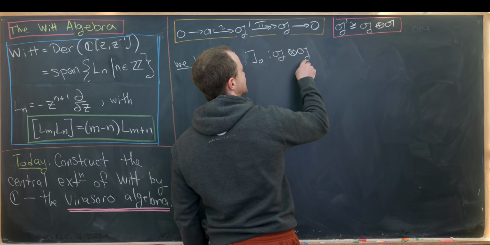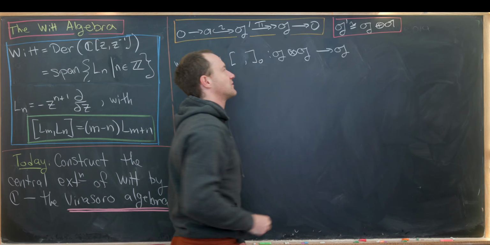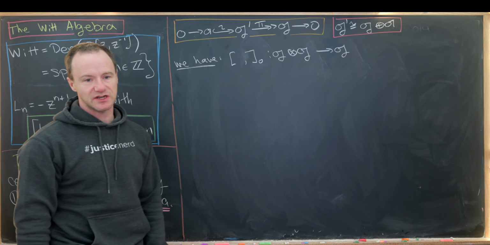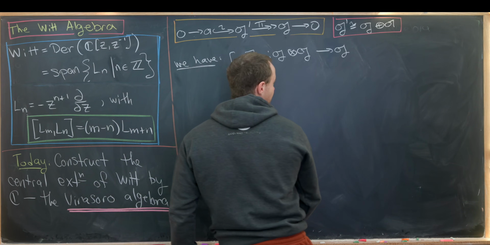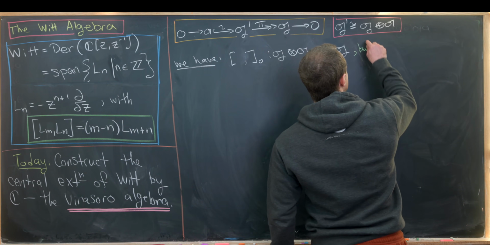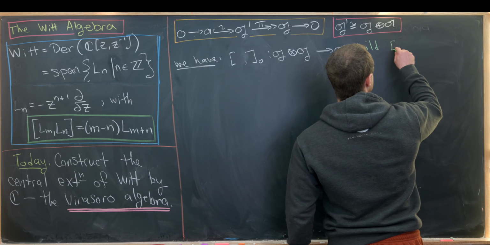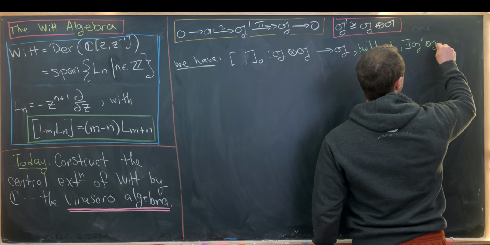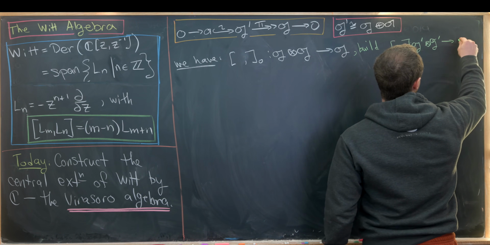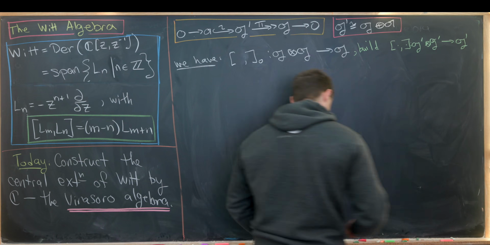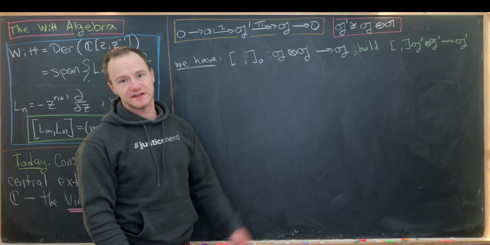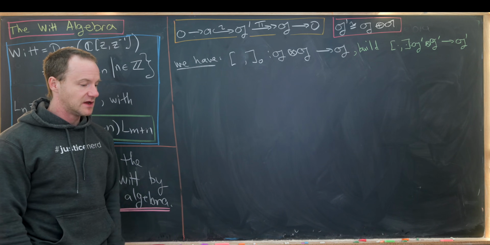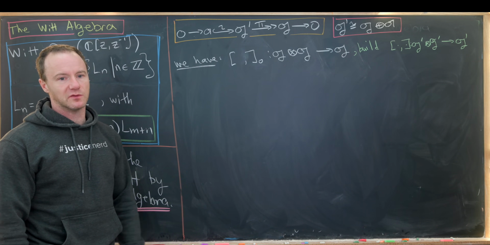So it's a linear map from G tensor G to G, or a bilinear map from G cross G to G. Now, like I said before, we want to use this to build a new bracket which goes from G prime tensor G prime to G prime, so that we have these given vector space or Lie algebra homomorphisms still working.